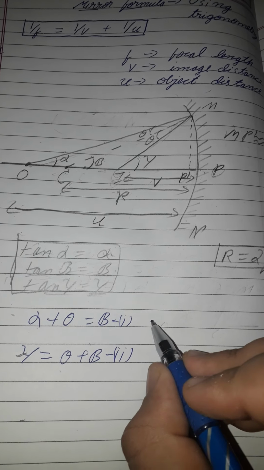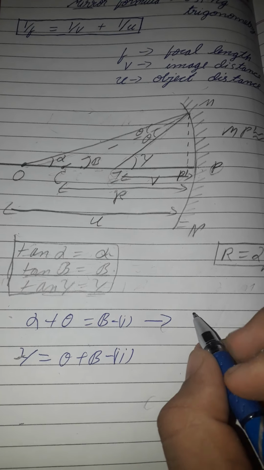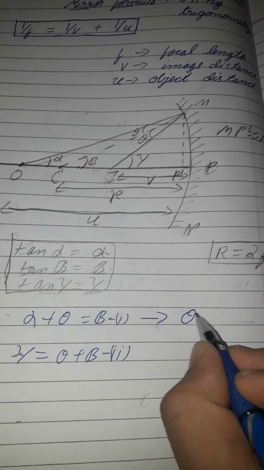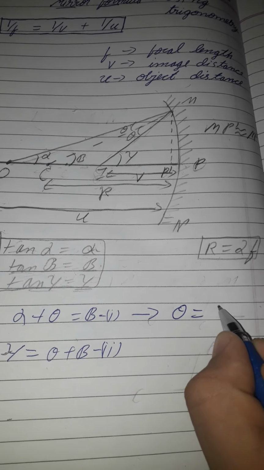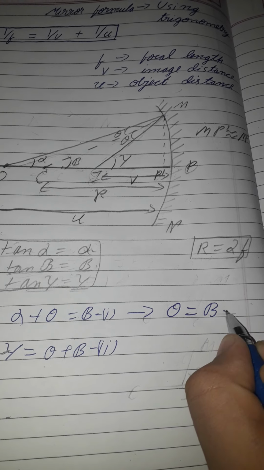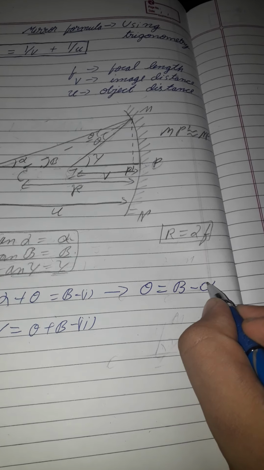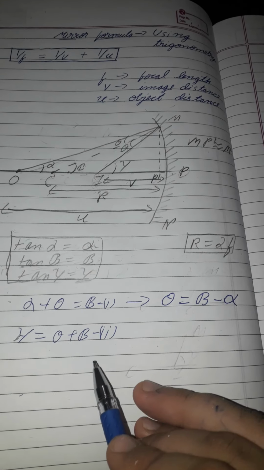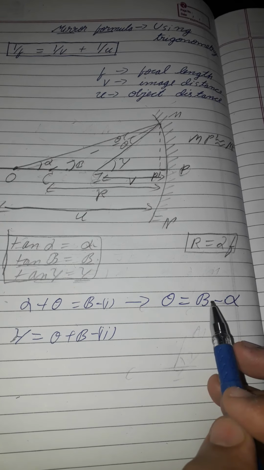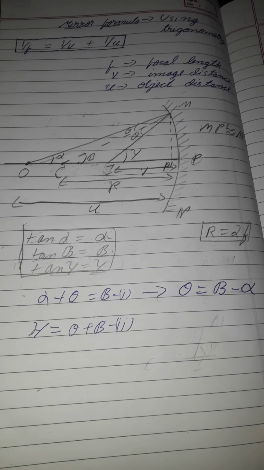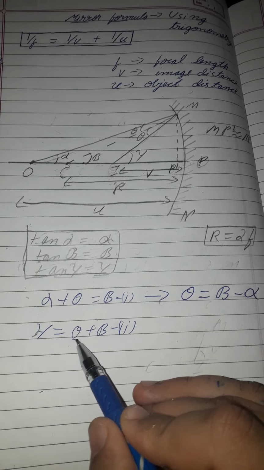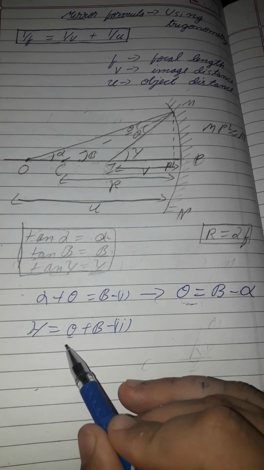So from the first equation, can we write that theta is equal to beta minus alpha? Yes, of course. We will send this alpha this side. So theta is equal to beta minus alpha. So we'll substitute the value of this theta here.